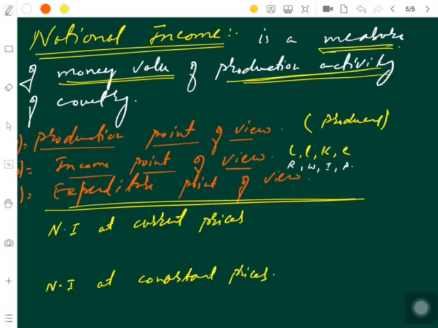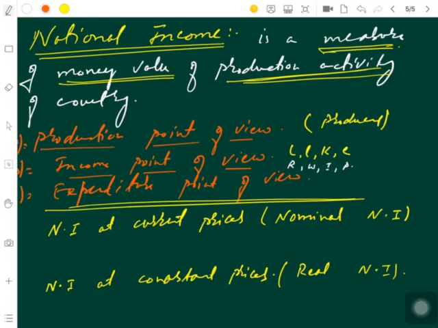Now let us understand. National income at current prices is also known as nominal national income, and national income at constant prices is also known as real national income. We have got two price categories. First, let us define these two and we will move ahead.